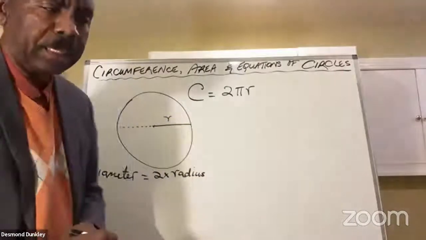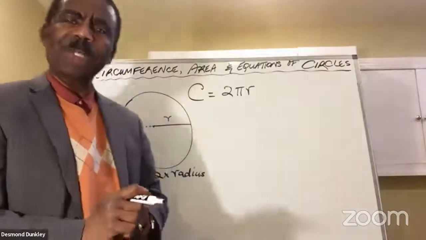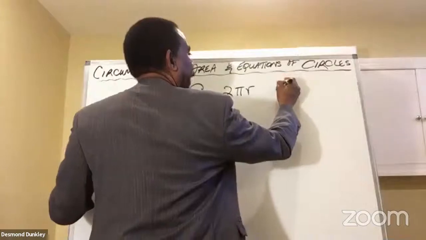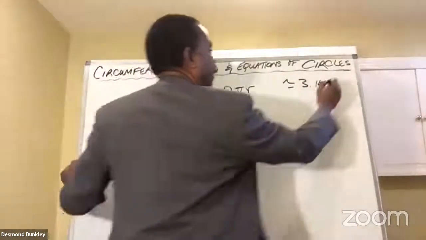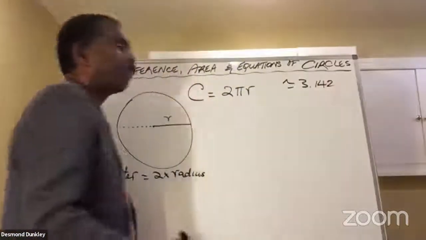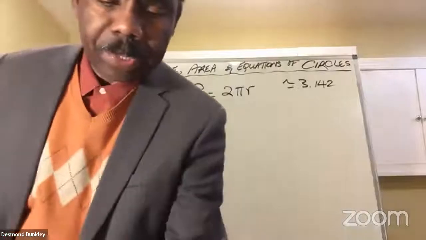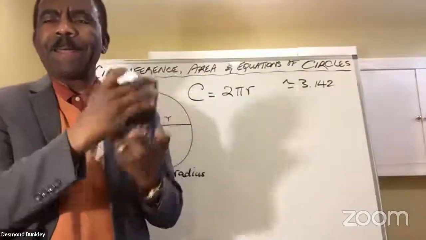You will also see it in some places as 22/7. It's approximately 22/7. You'll see people using it as approximately 3.14, and a little bit more accurate would be 3.142.